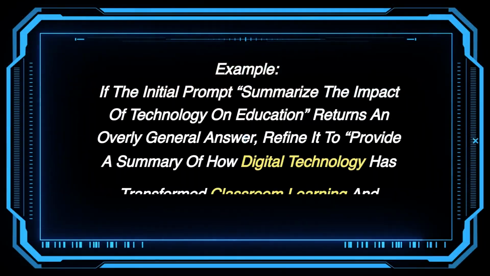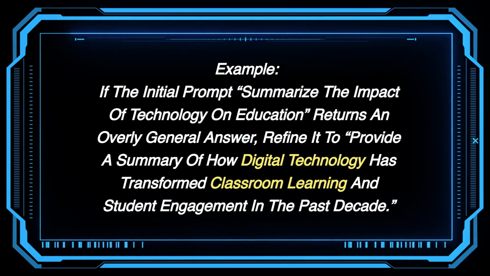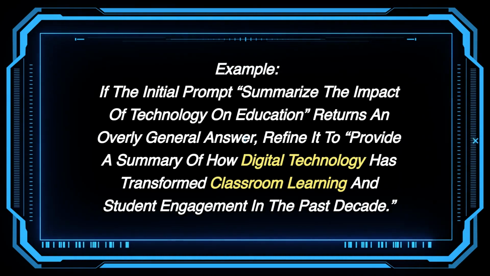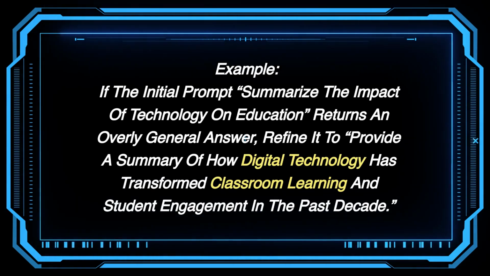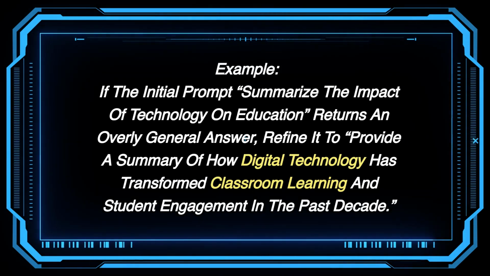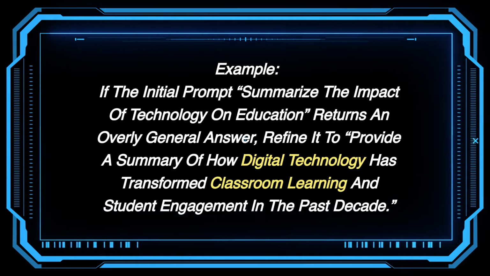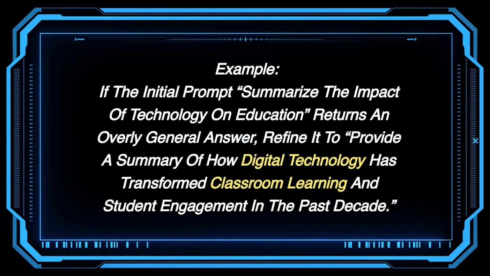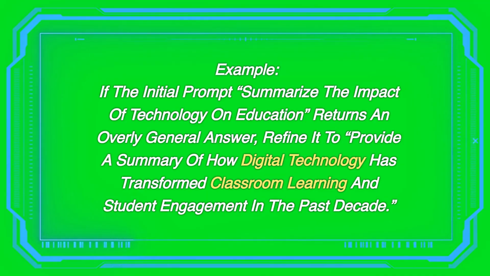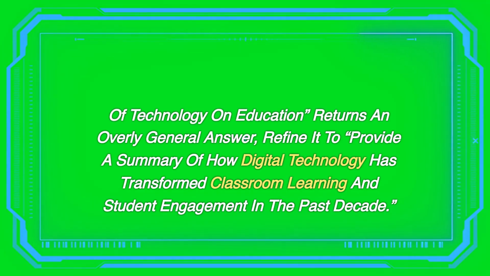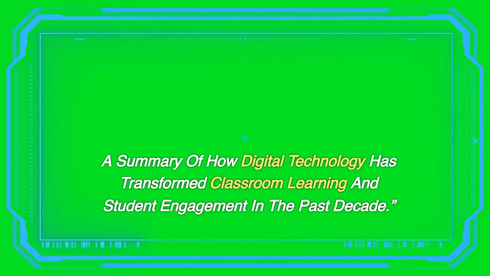Example: if the initial prompt, "Summarize the impact of technology on education," returns an overly general answer, refine it to "Provide a summary of how digital technology has transformed classroom learning and student engagement in the past decade."